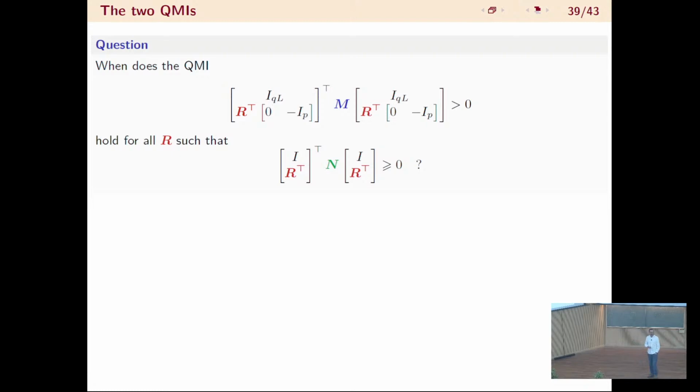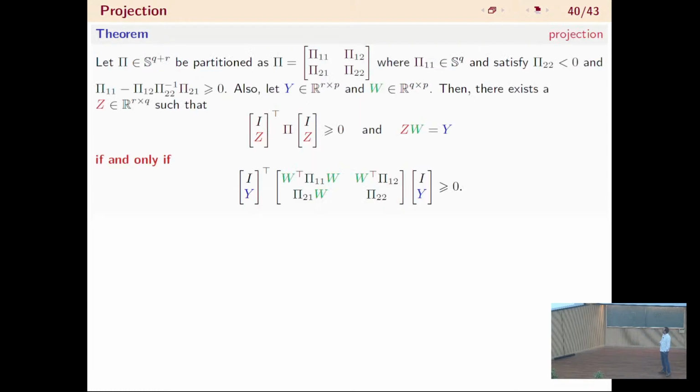We go back to the cookbook, and from the cookbook, we find this theorem. Let's see what this theorem says. It says, start with a Q plus R by Q plus R symmetric matrix.